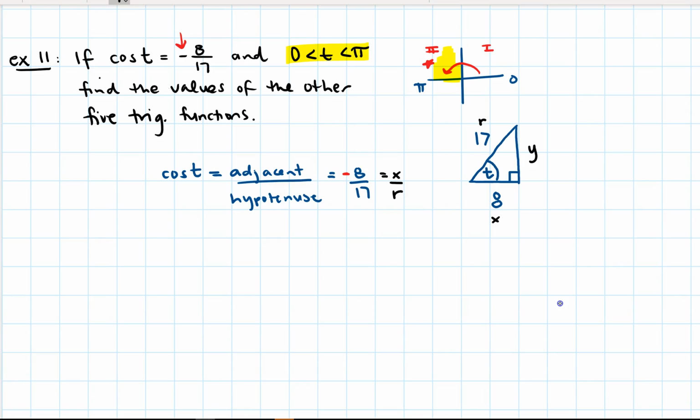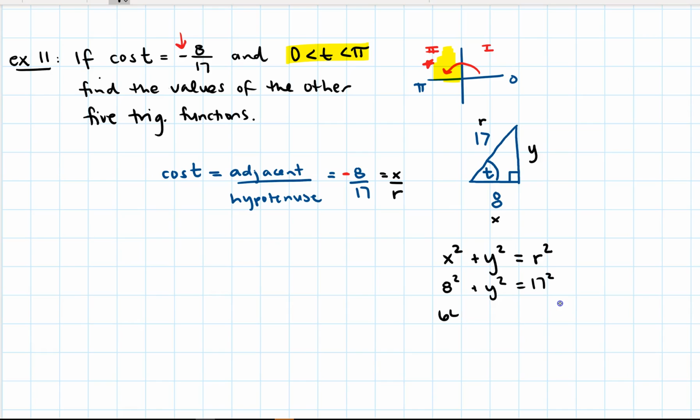If you'd like to remind yourselves, the Pythagorean theorem tells us that the leg squared plus the other leg squared is equal to r squared. We already know what 8, or x, is. So we have 8 squared plus y squared equals 17 squared.